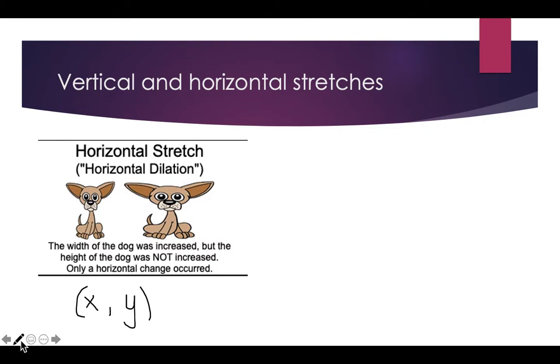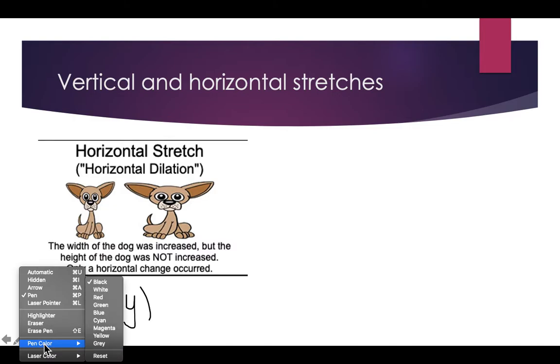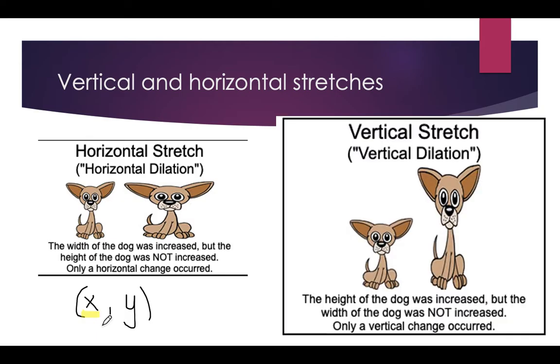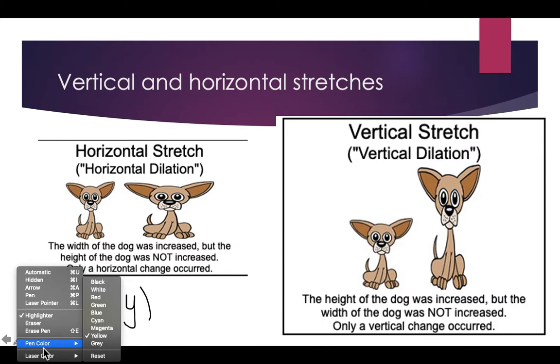So if you are stretching a figure horizontally, the only thing that is going to change is your horizontal coordinate, which is your x-axis. Same thing for vertical stretches. Again, when we graph our figures, you want to think of everything in terms of your ordered pair.